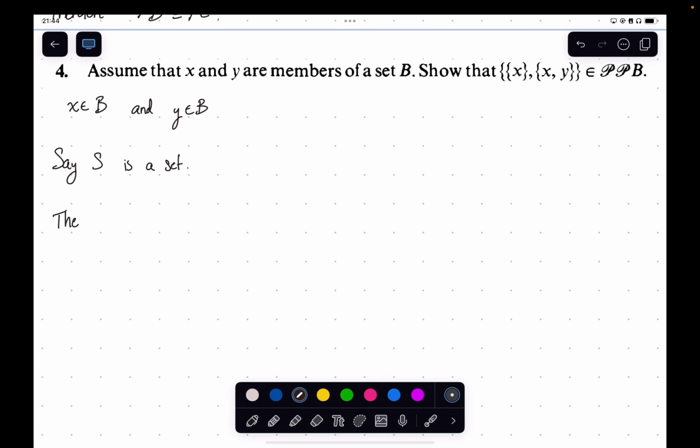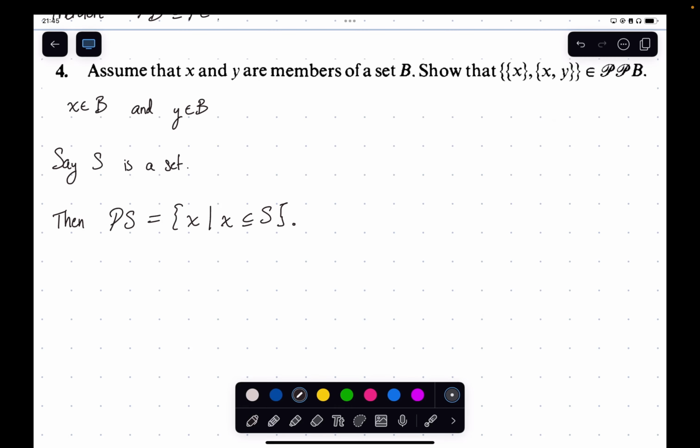Then the power set of S is the set of things X such that X is a subset of S. That is our definition of what it means to be a power set.